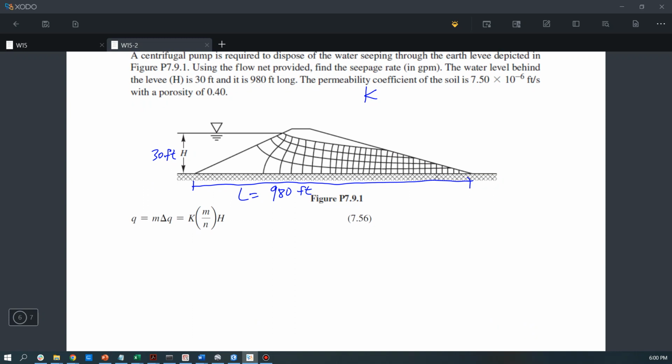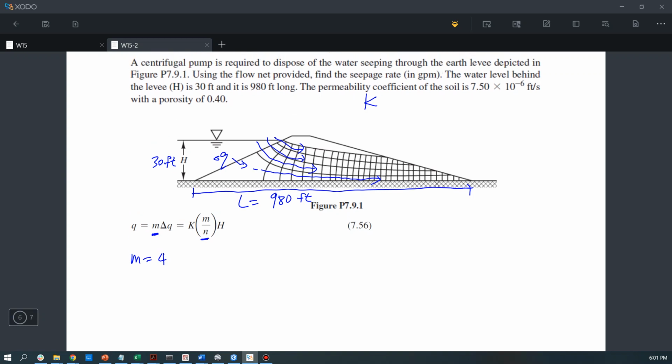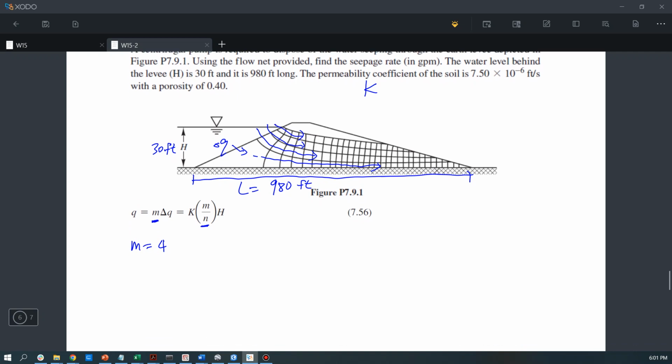So the flow rate, the concept of flow rate is that in each grid, the delta Q is the same. Okay, so you have delta Q flow through here, delta Q flow through here, to here, to here. So this M value is how many segments, how many rows you have in this flow rate. So in this figure, we have 4. So M is equal to 4. N is the column in this flow rate.